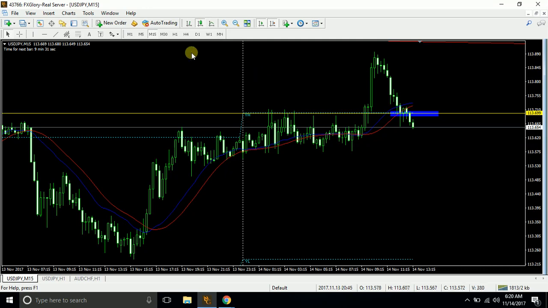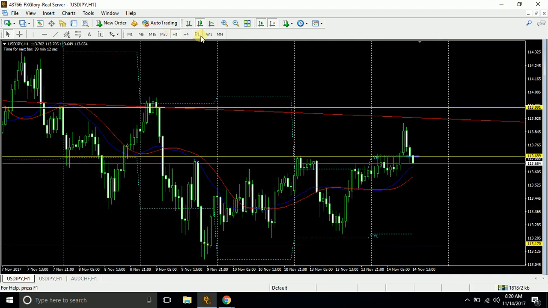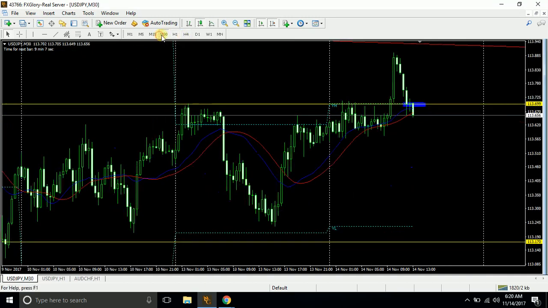And I know I did say wait for the current candle, whatever chart you're analyzing, but that was me. I saw something, but I want you guys to really focus on the hour and above. Nothing below the hour chart while you're learning.